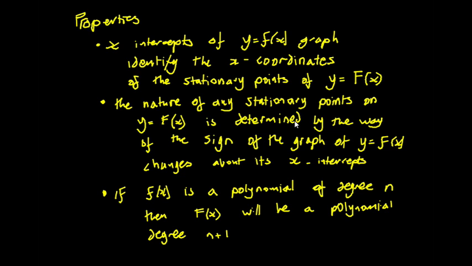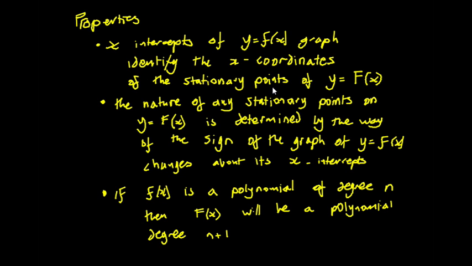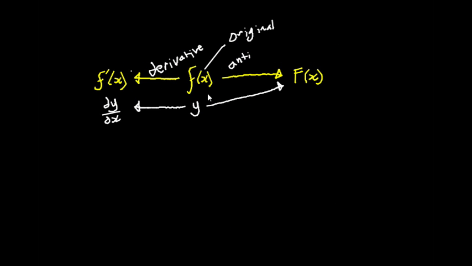Looking at properties of sketching, the x-intercepts of the original function f of x graph identify the x-coordinates of the stationary points of the antiderivative, capital F of x. So again, remembering, starting with this one, we're finding the antiderivative. So the x-intercepts of this one are going to be the stationary points of this one.